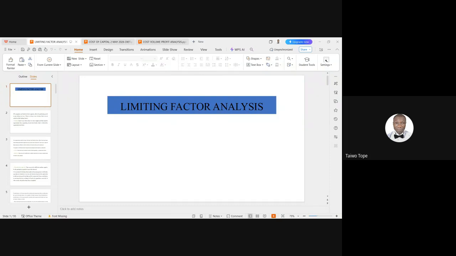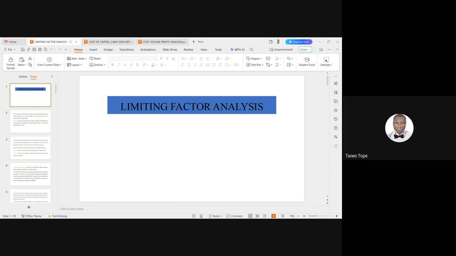Now, the key principle in limiting factor analysis is for us to rank based on contribution per unit of the limiting factor.